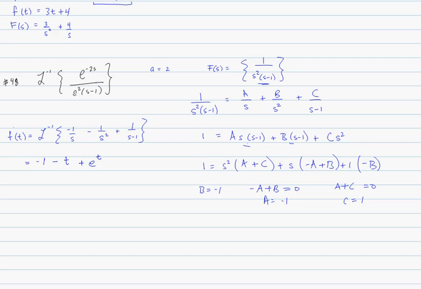So now I can use the theorem and write here f of t minus a, well, f of t minus 2. This is minus 1 minus t minus 2 plus e to the t minus 2, all times u to the t minus 2. And this is my result.